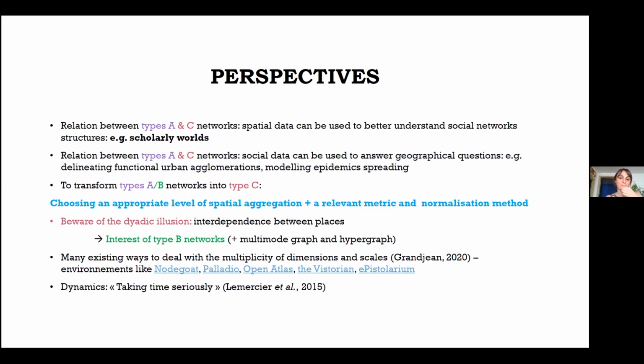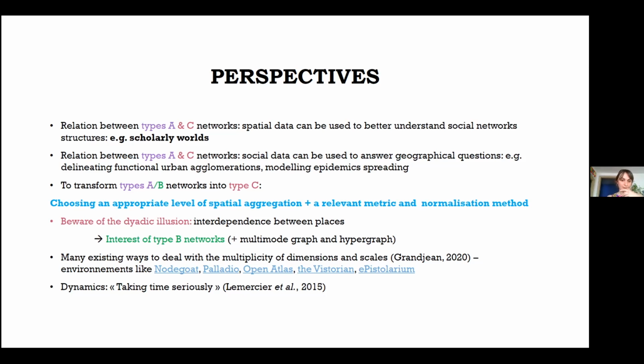I would say that for the geography of science work that we have done, the geographical aggregation both helps us to better understand how the scholarly world works socially, and also helps us to better understand how the world system is working more geographically speaking, taking into account globalization and international relationships and so on.